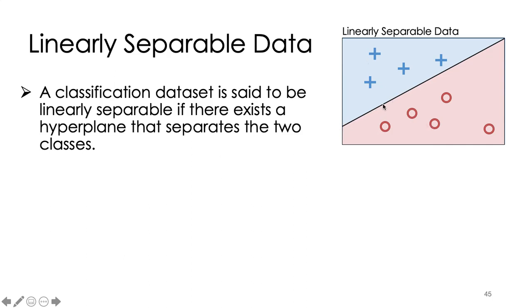We can clearly put a line that separates them. A hyperplane is just a plane which has a dimension lower than your space. So in the case of a two-dimensional plane, it's a line. So basically you can separate these two groups perfectly.